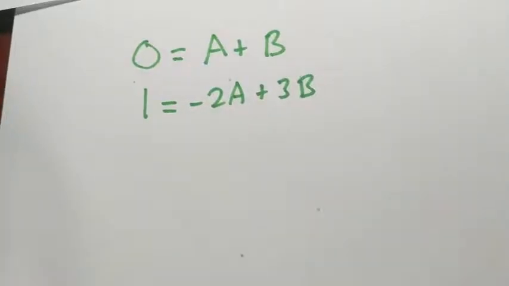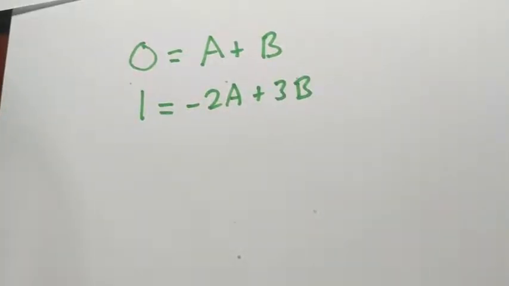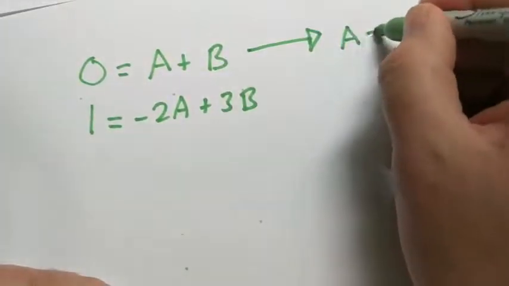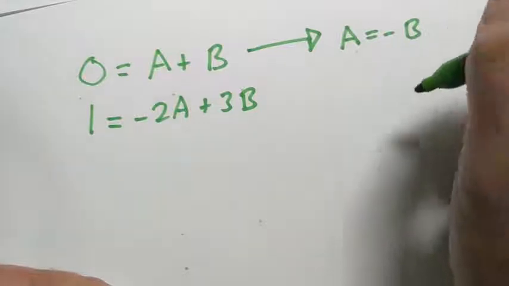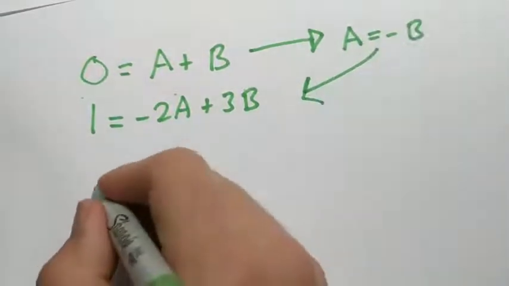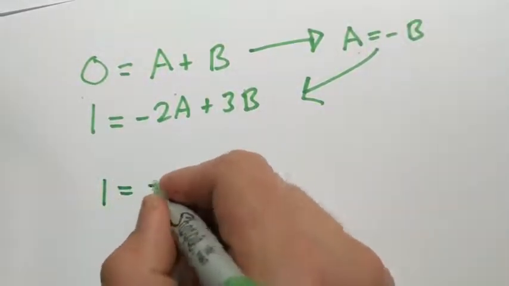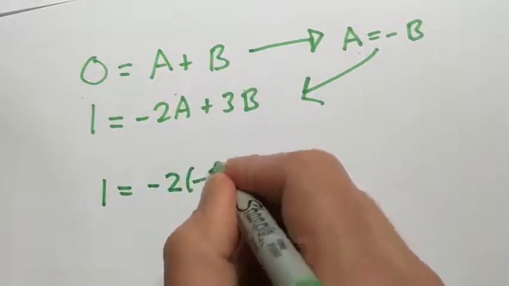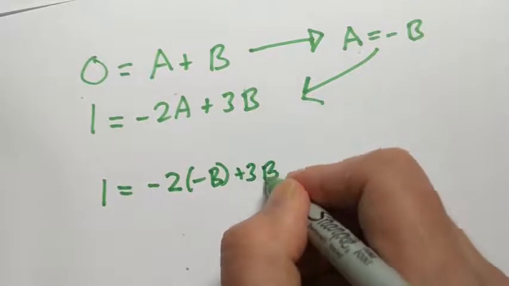There are lots of ways to solve systems of equations. In this case, I'm going to use substitution. From this equation, I get a equals negative b. If I plug that in here, I get 1 equals negative 2 times negative b plus 3b.